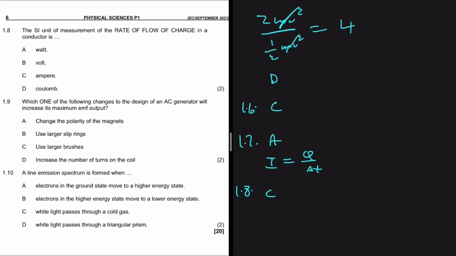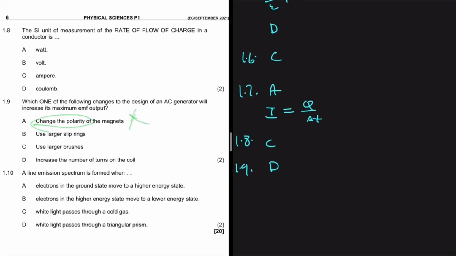And then for 1.9, that is clearly option D. Another way you can increase it is to increase the strength of the magnets, right? Not change the polarity, but increase the strength of the magnets. There's other ways too.